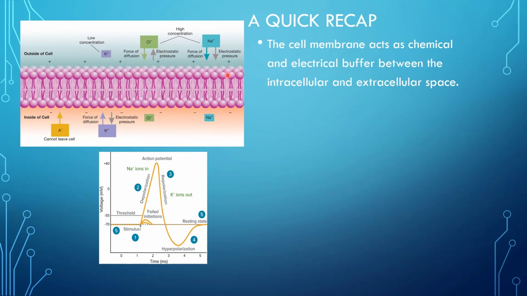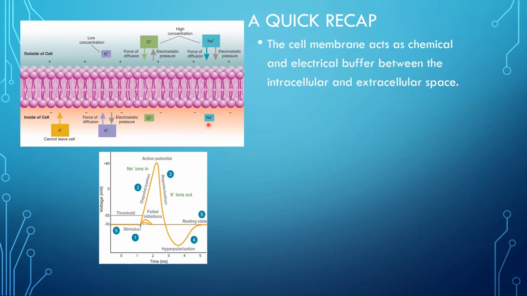For example, sodium has a high concentration, as we saw in the moving diagram a few slides back, outside of the cell, and is also positively charged, much like the outside of the cell is more positive than the inside of the cell. That means that diffusion is going to take these many sodium ions and push them inside of the cell. And because they're all positive, electrostatic pressure also wants to push them inside the cell.